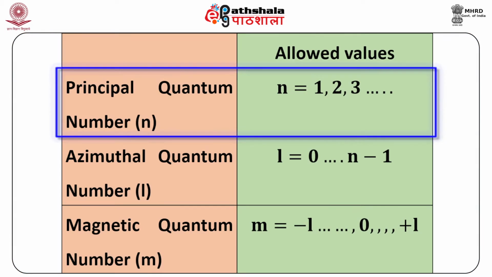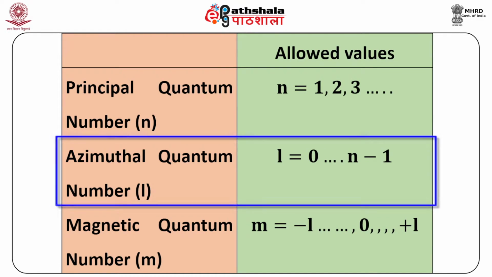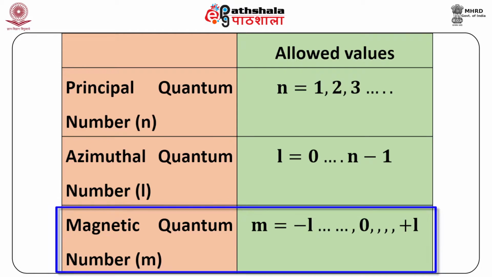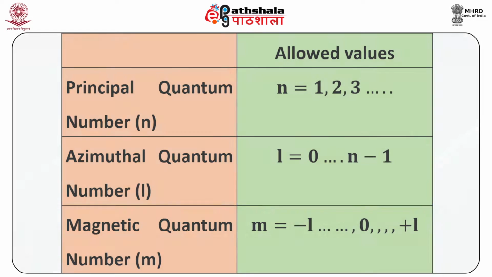One is the principal quantum number n, which varies as 1, 2 and so on. Then there is the azimuthal quantum number L, whose values are from 0 to n minus 1, and the magnetic quantum number, whose values vary from minus L to plus L including 0.